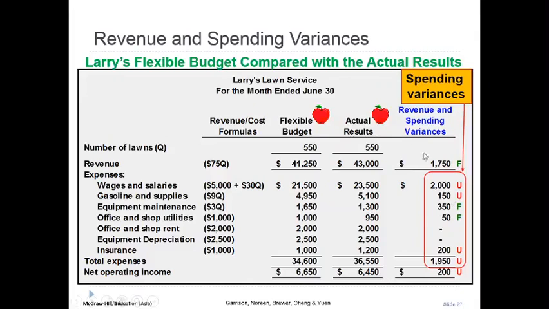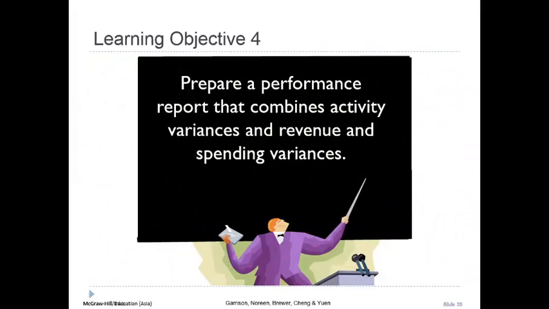So this is revenue variance, and this one is spending variance. So prepare a performance report that combines activity variance and revenue and spending variances.